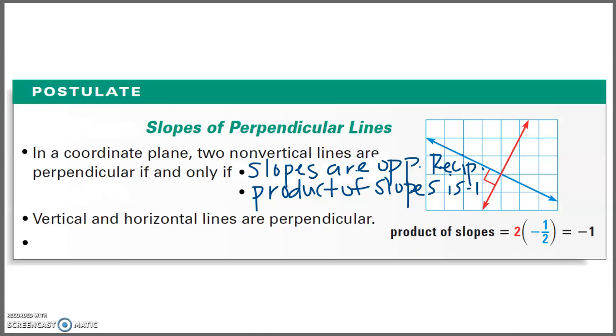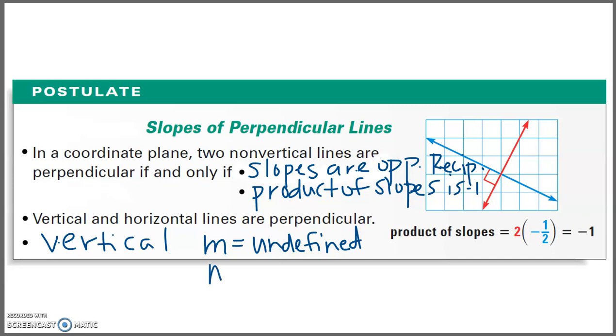Now, we need to talk about vertical and horizontal lines that are perpendicular. If we're referring to vertical lines, if you think about a treadmill, they have an undefined slope. Then the line perpendicular to an undefined slope would be a slope of 0.